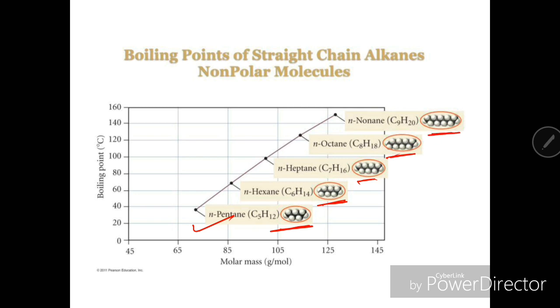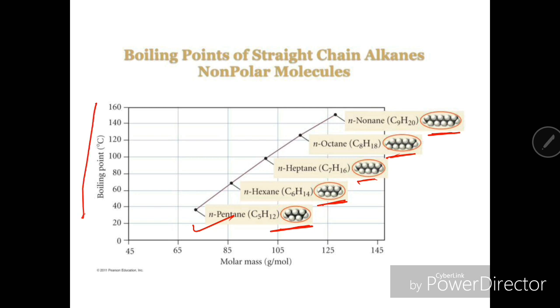These are straight chain alkanes in the increasing order of their molecular mass and therefore molecular size. As you go towards the higher members in the alkane series, not only does the molecular mass increase, the molecular size will increase, the surface area will increase, and that's why the dispersion forces among their molecules will increase, and so the boiling point will increase.